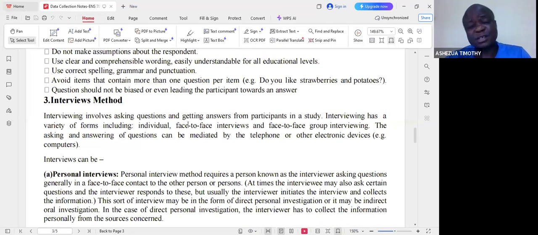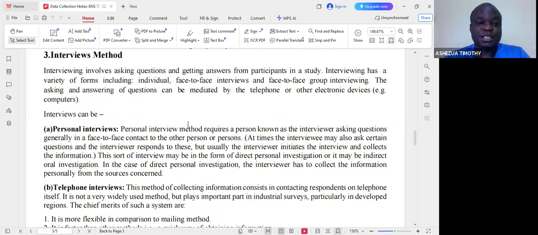Under the interview approach method of collecting data, the interview can be a personal interview, that's one-on-one interviewing. It could be a telephone interview where somebody will be in Kano, you want to get information.